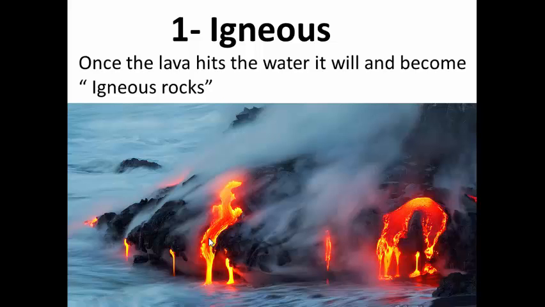Yes, rock. When a small part of lava cools, this part becomes rock. So once lava hits the water, it will become igneous rock. So now this is the first type of rocks, igneous.